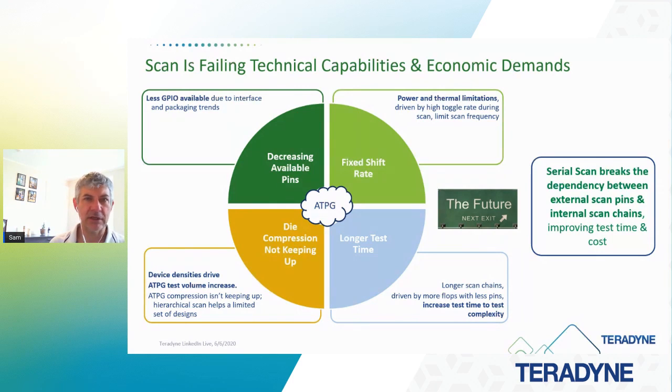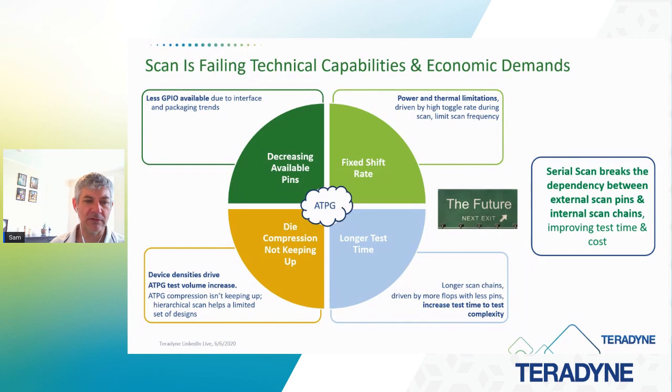I didn't want to speak there because it doesn't necessarily show exactly what happens underneath that. And so this is maybe the next level of detail below that, and why is scan failing the technical capabilities and growth curve and economic demands of testing parts.